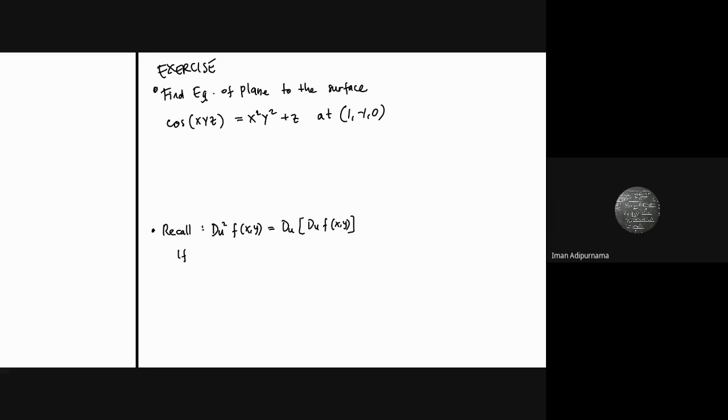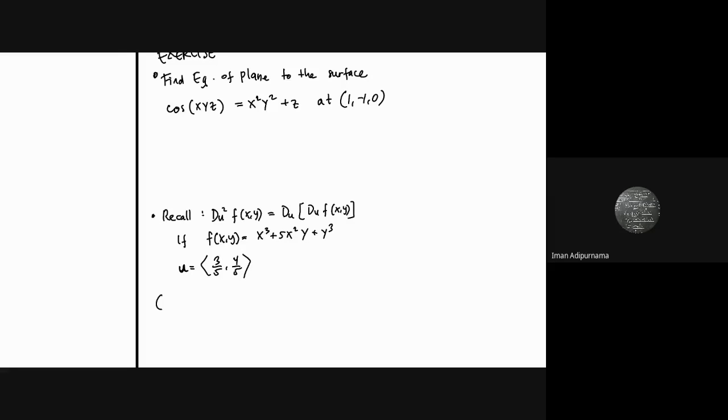So if you have, and then you have u, the unit vector is already prepared, 3/5 and 4/5. Calculate.